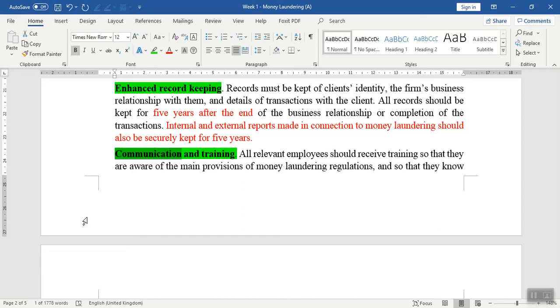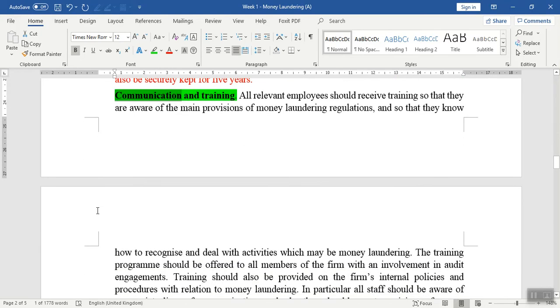They communicate with the MLRO. If you are a junior auditor, who do you communicate with first? The senior auditor. So can they report to the management? No, they cannot. I told you, if you report to the management it means what? Tipping off. Tipping off is a serious offense.